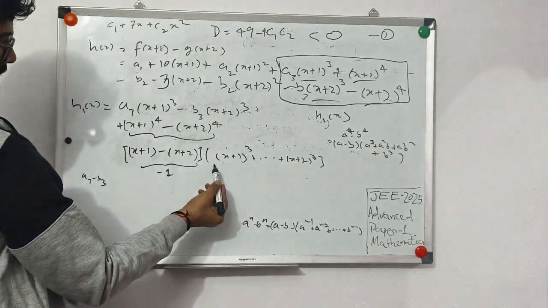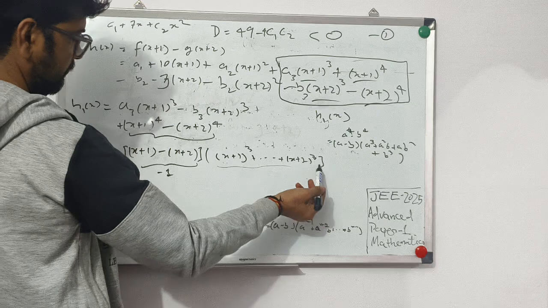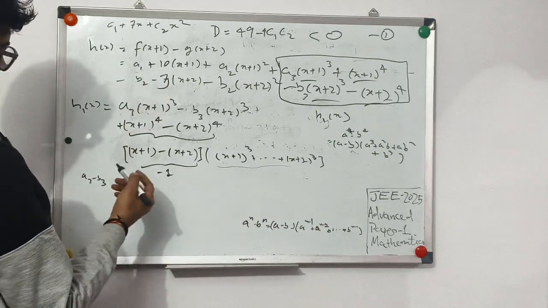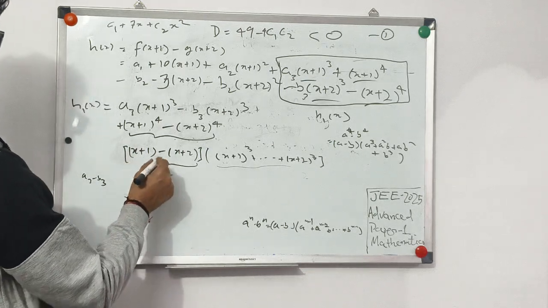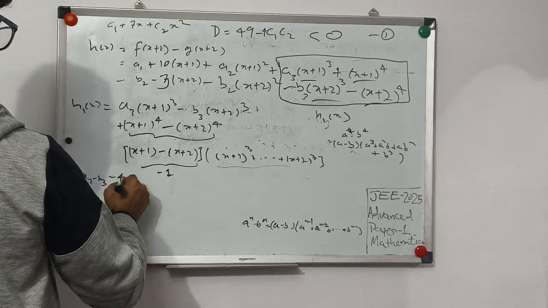So the coefficient of x cube in this term will be 4, and it gets multiplied by minus 1, so we get the coefficient of x cube from here as minus 4.